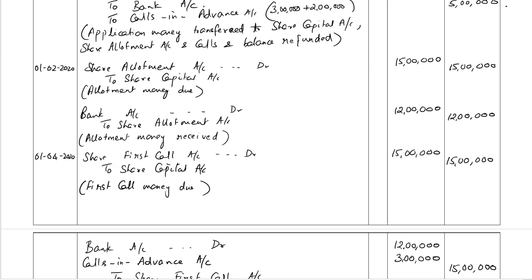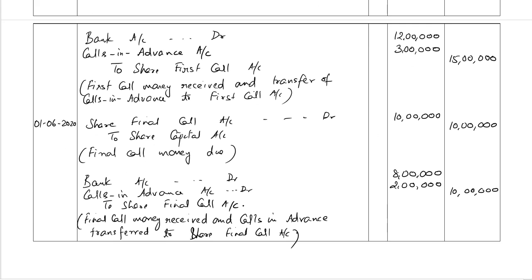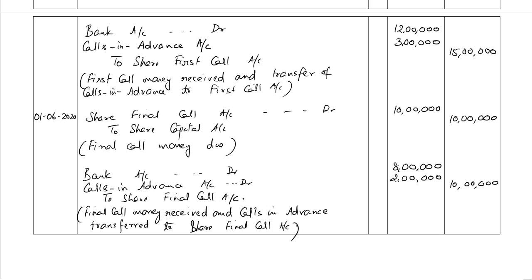The second part of the journal entries. And the last part. So we've completed this example sum. Let's go on to the next example sum.